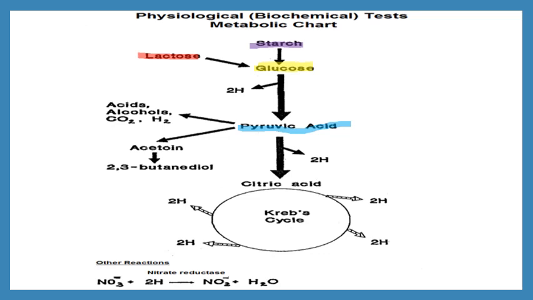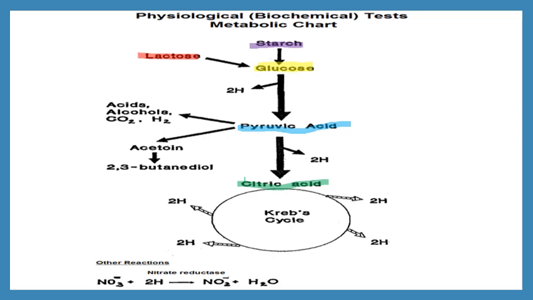Another test we will look at is the citric acid or Simmons citrate test. The citrate test looks to see if a microbe has the ability to use citrate as its sole carbon source to produce certain products, and the pH will go up. Citric acid, as you can see, is part of the Krebs cycle, which is also part of aerobic respiration.